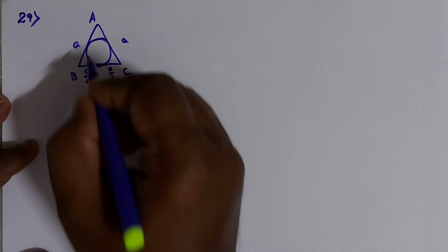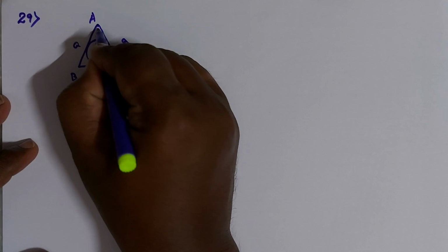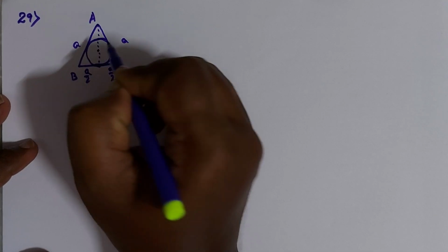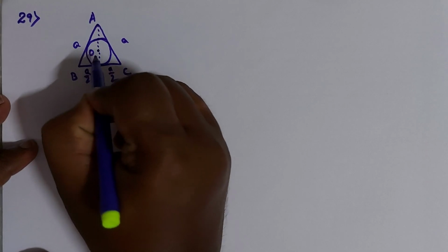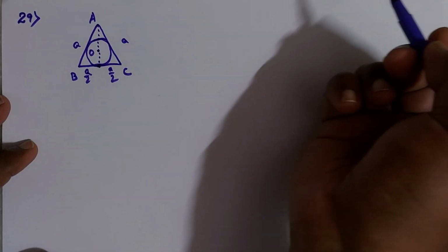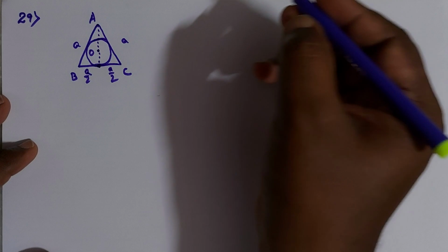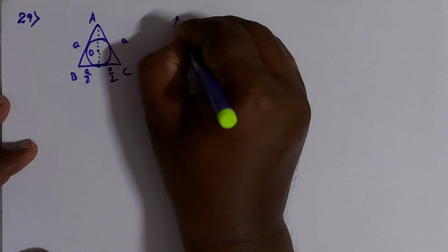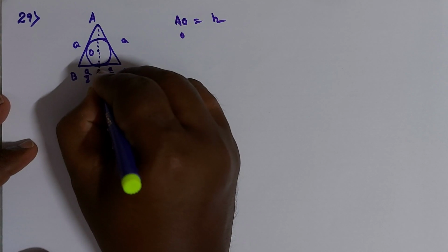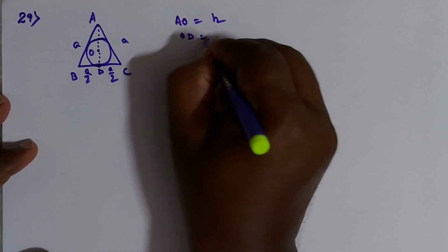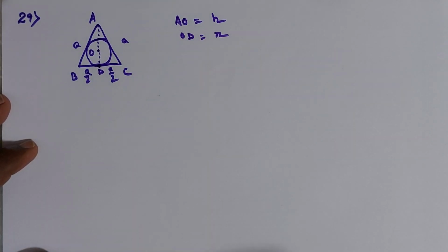And this is the center of the circle and this is the height of the triangle. Let the name of the center be O. Okay. And let AO equal H and let this point be D. So OD equals small r. Okay.